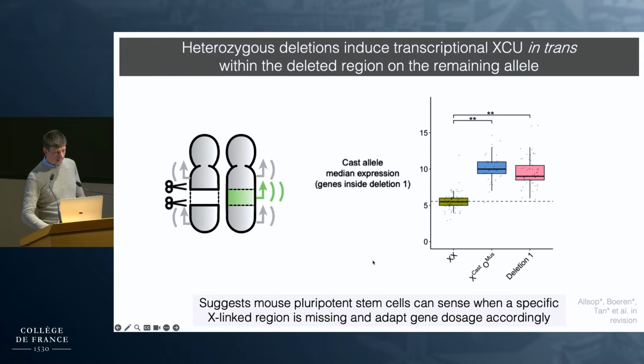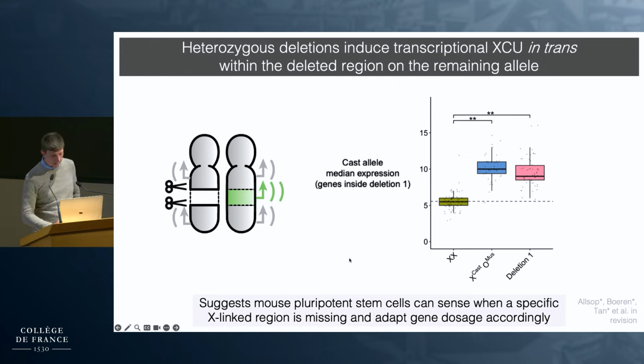So we conclude from these experiments that mouse pluripotent stem cells can not only count the number of X chromosomes they have, they can sense when a specific fragment is deleted and adapt gene expression by dosage compensation, by X chromosome upregulation on the other allele.